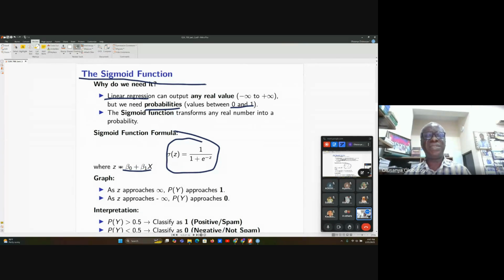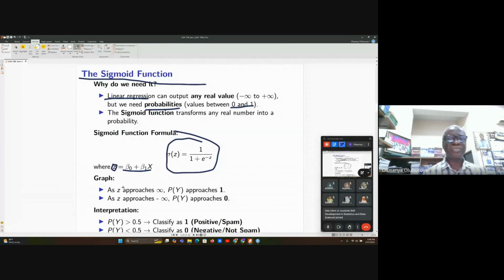So this sigmoid formula is the one that transforms the Z to a probability. So no matter what numerical value Z takes, it will convert it to a value between 0 and 1.